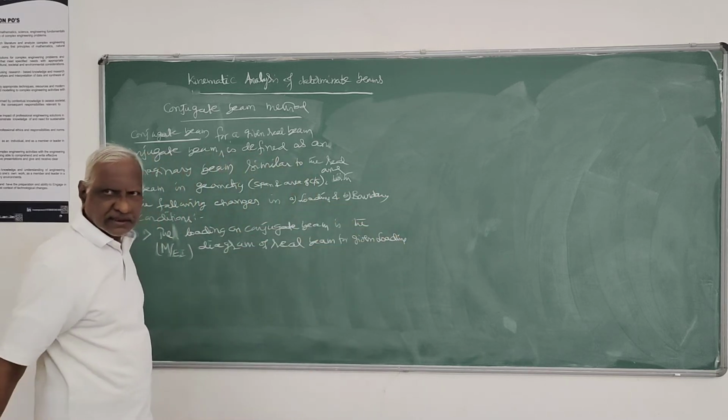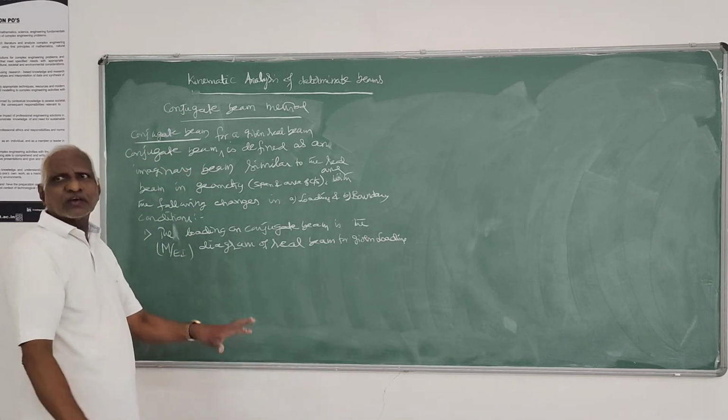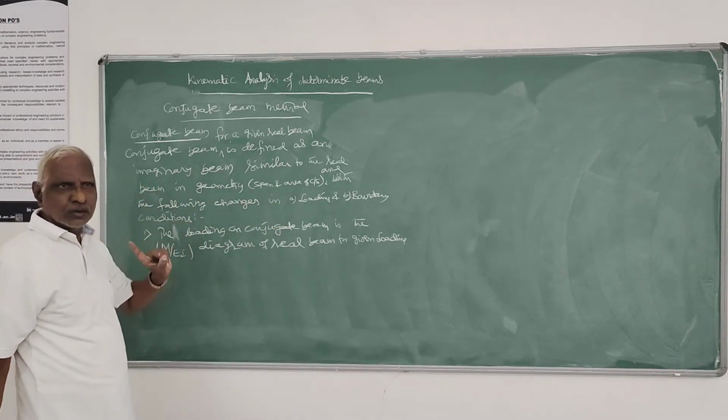Whatever loading is given on the real beam, for that you draw the moment diagram. That diagram itself you have to load on this imaginary beam. That is the change with respect to load.